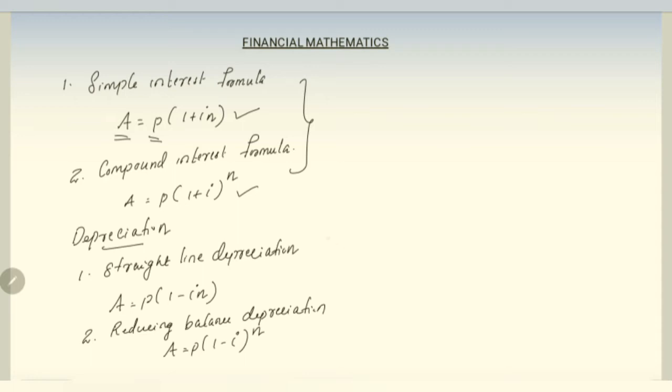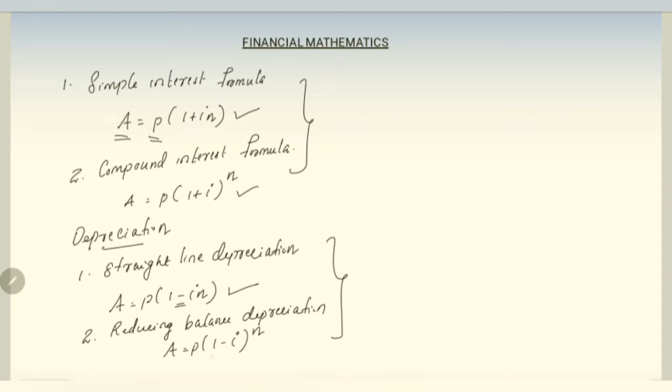Now coming to depreciation, which means if you bought a car or a house and after a particular time you want to sell it, you won't get the money that you used to buy it. So the money is decreasing. Here we are using straight line depreciation, the same as the simple interest formula where instead of plus they are using minus.